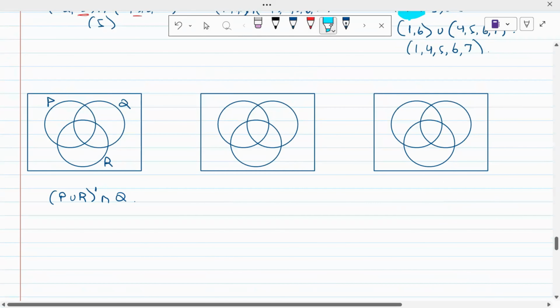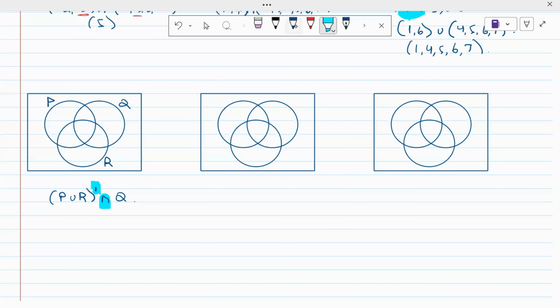So you see intersection and complement is there. That means you'd be removing complete P and R from Q.